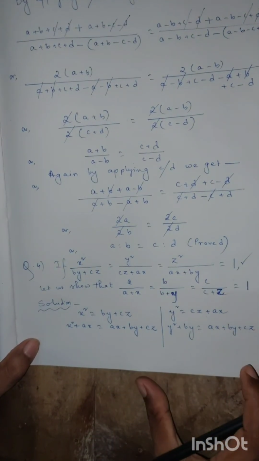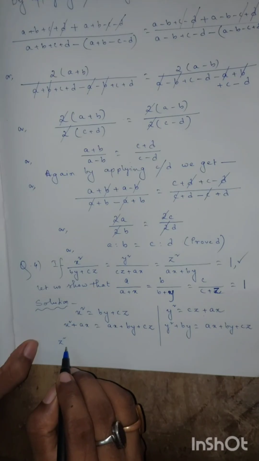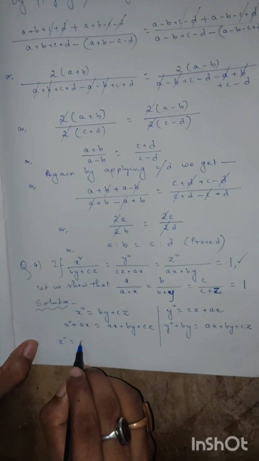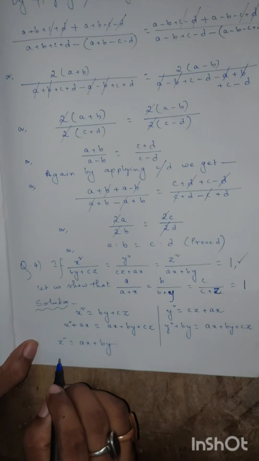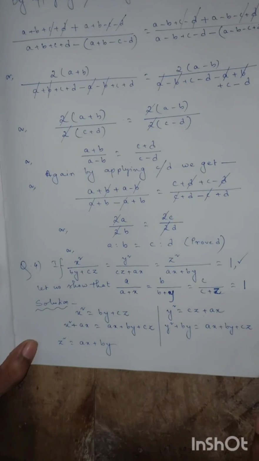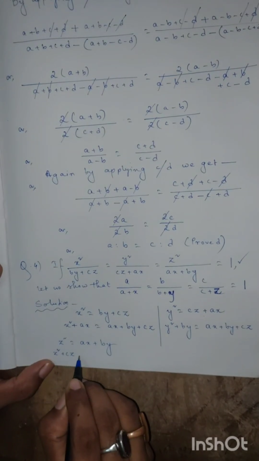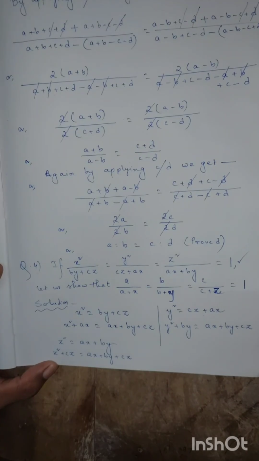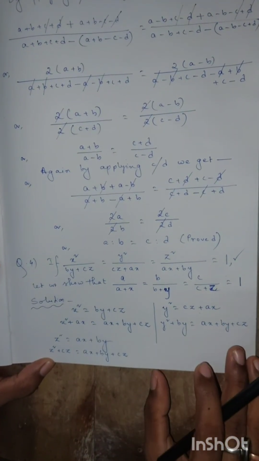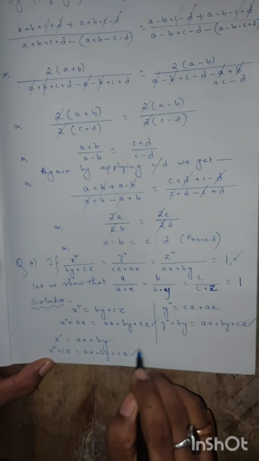And from the third relation we can write, we can add cz to both sides of this equation. Okay, now so this is what we are getting. This is the first relation, this is the second relation, and this is the third relation.